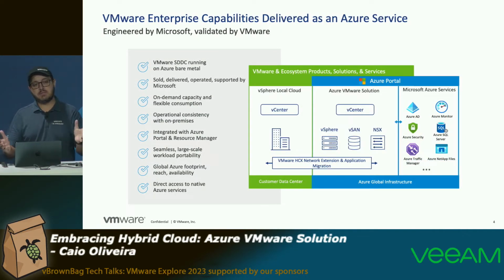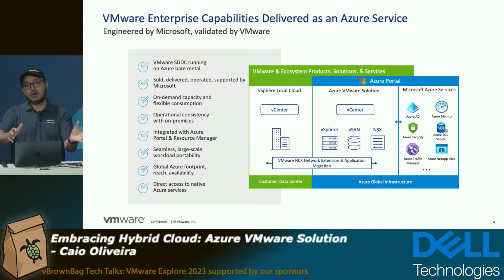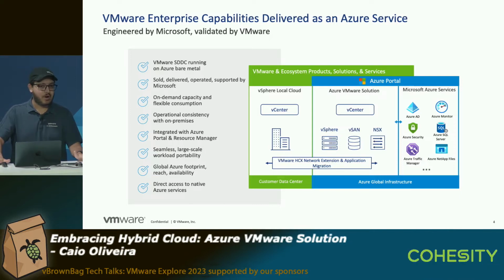I think the same thing that you have today in your data center. So you have vSphere, you can have NSX, you can have other products. Now you have the SDDC on top of Azure infrastructure, right? On top of Azure infrastructure, you're going to have the same components and our loved vCenter on top of it.